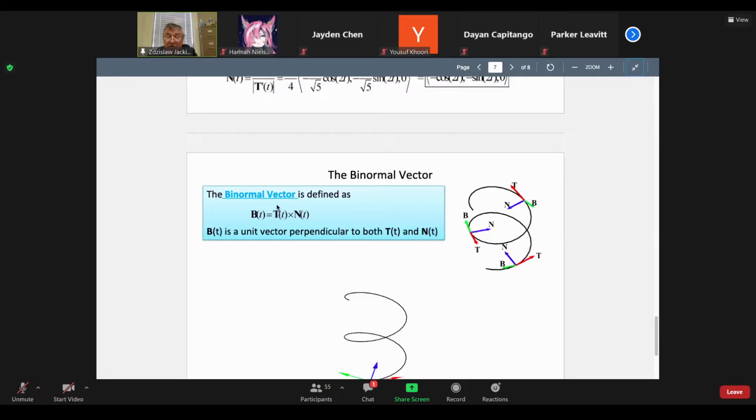If you compute the magnitude, what is the magnitude of this? It's the magnitude of T, magnitude of N, which is 1 times 1, times the sine of the angle between them, and the angle is 90 degrees, so it's 1.